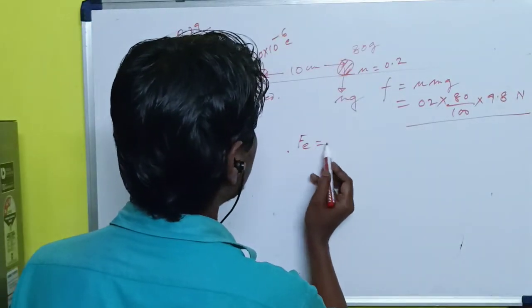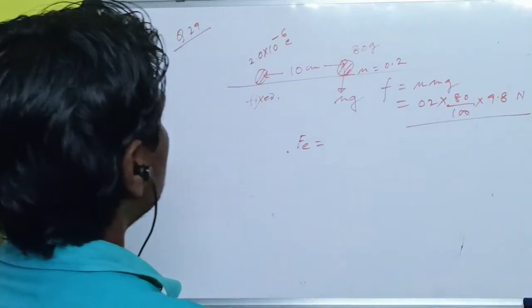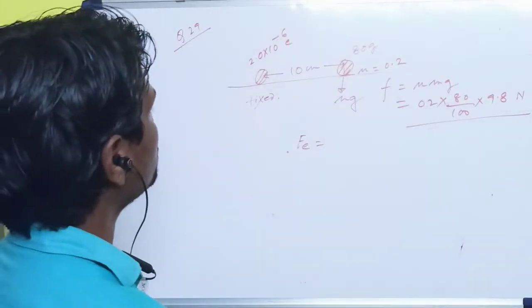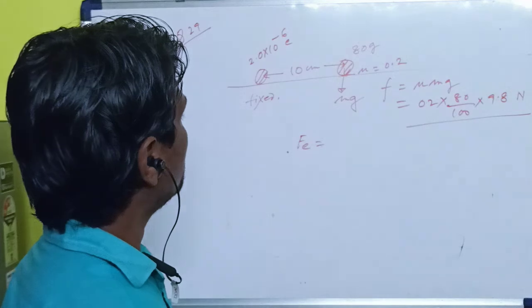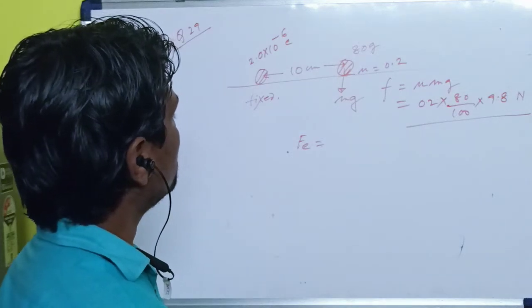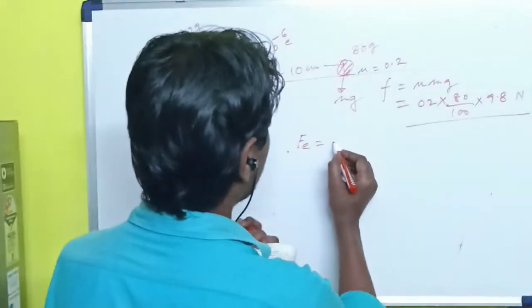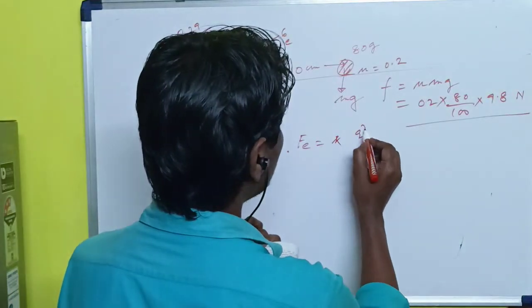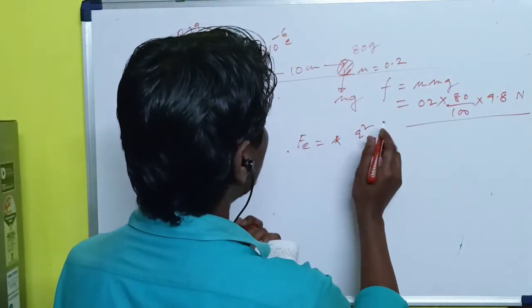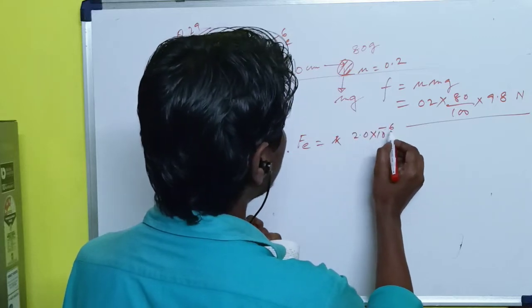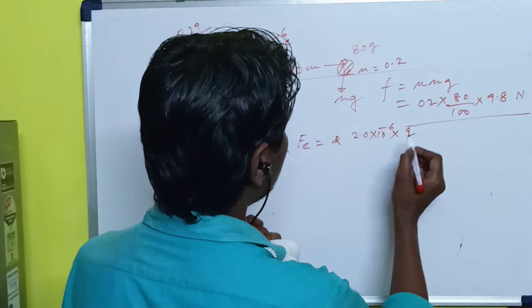So the electrostatic force is equal to K Q1 into Q2, where Q1 is given as 2.0 into 10 to the minus 6.